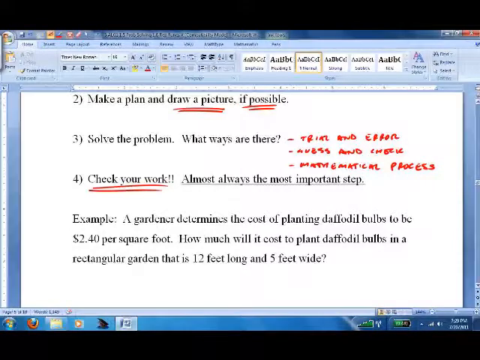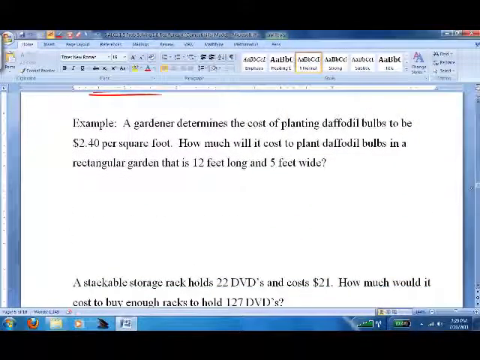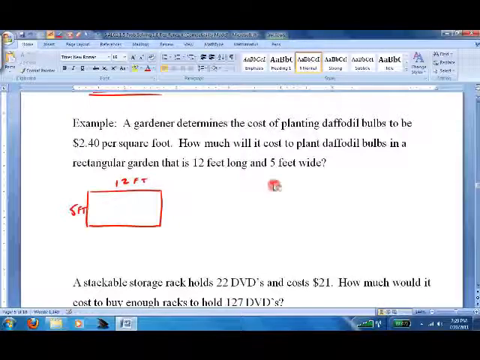So here's an example. A gardener determines the cost of planting his bulbs to be $2.40 per square foot. How much is it going to cost to plant daffodil bulbs in a rectangular garden 12 feet long by 5 feet wide? Draw a picture. Trying to get a price here. So it's 12 feet and 5 feet. We know that it's $2.40 for every foot squared.